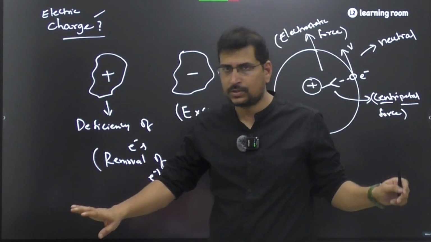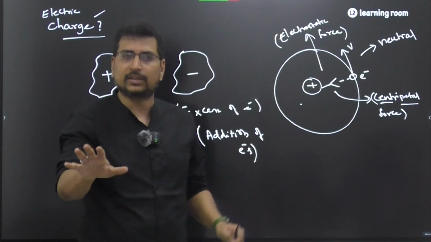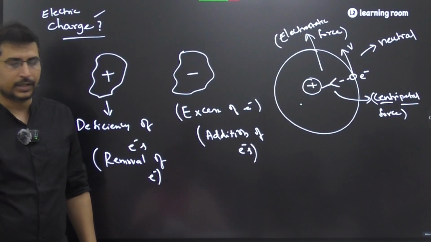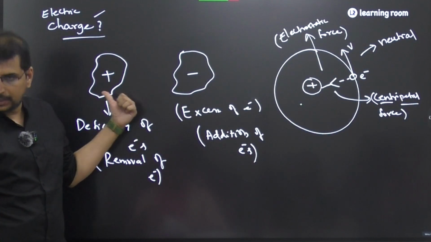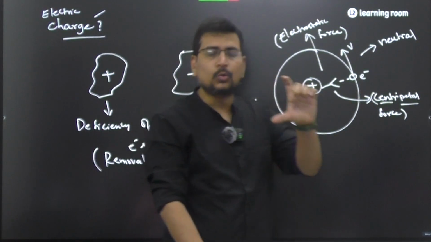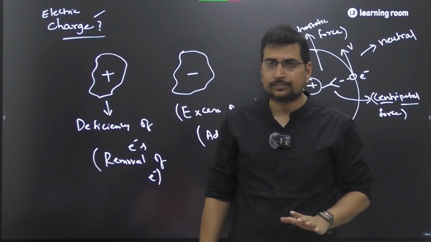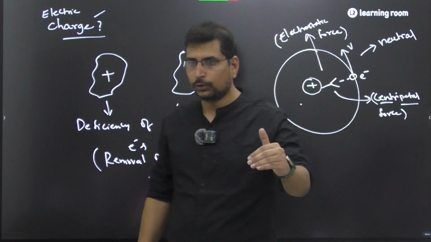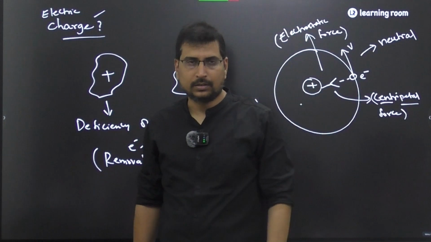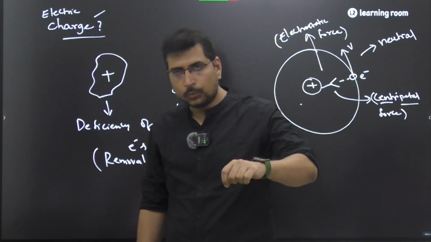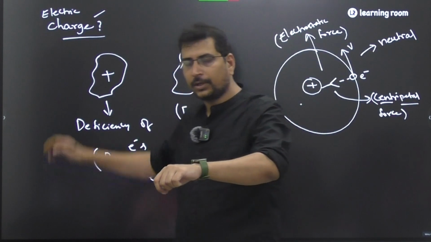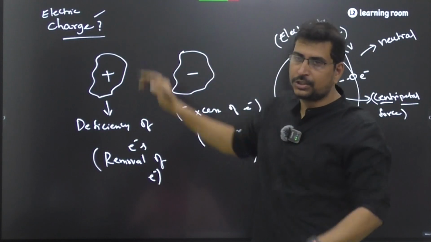Nobody will ask you the definition of charge, but it is important for you to understand. I'll come again. What did I say? Whenever a material is charged, due to that property, what will happen to it? It will try to exert a force on the neighboring particle. And due to which property is it exhibiting this? Due to the property called electric charge.